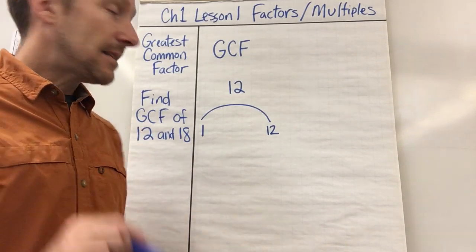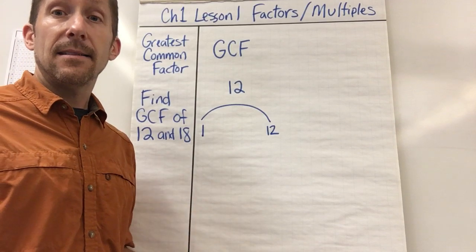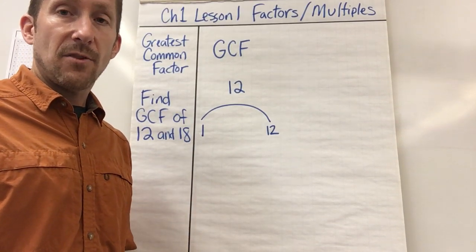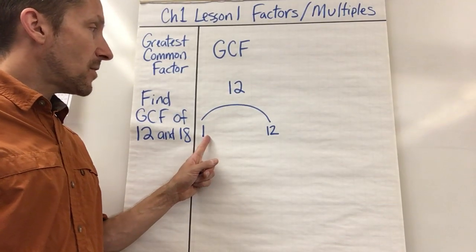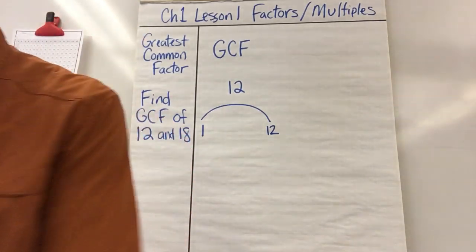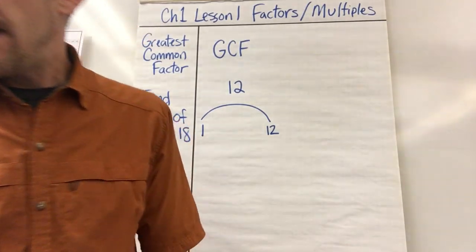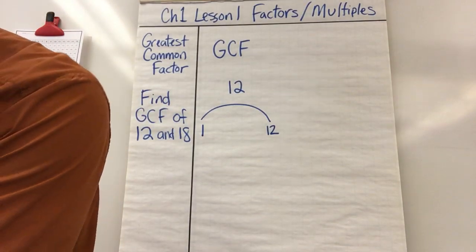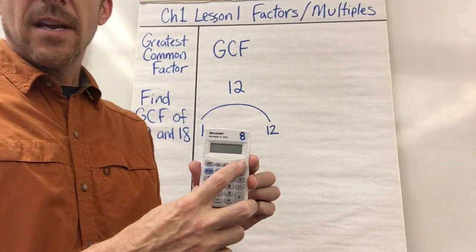Step by step. Next thing, I'm going to count up from 1 and test, is this a factor or not? And you're going to use your calculator or your multiplication table. What's the next number greater than 1? 2. A lot of you know that 2 is a factor of 12, but here's how you test it using your calculator.